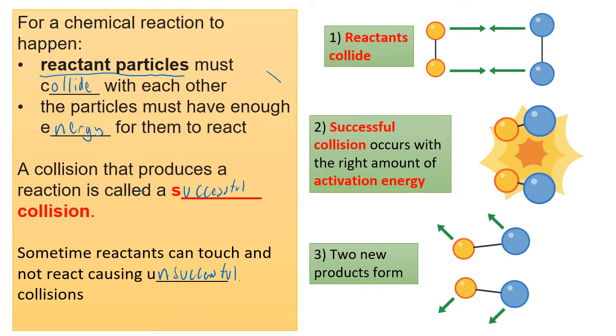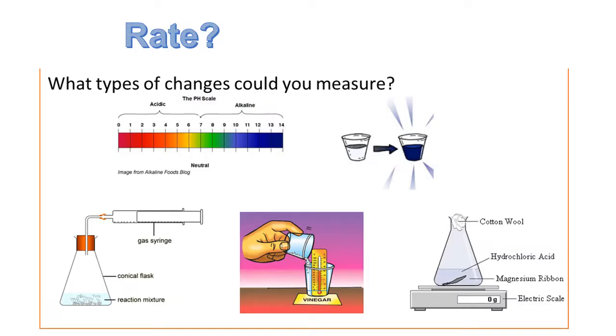When we're talking about the rate of reaction, we're talking about measuring the amount of something. So the rate equals the amount, divided by the time it took. Time in seconds usually.